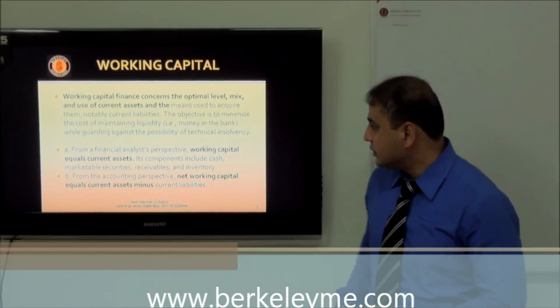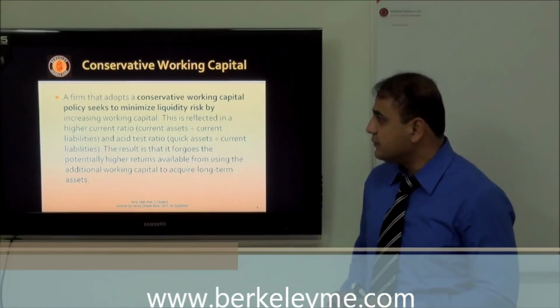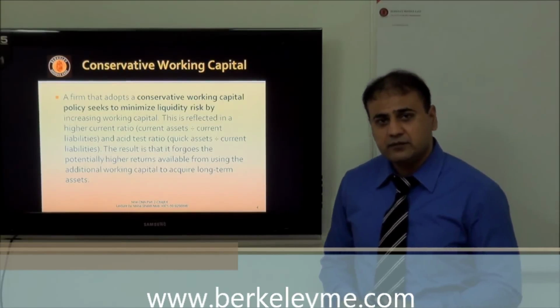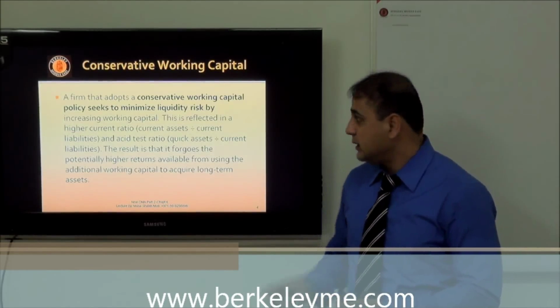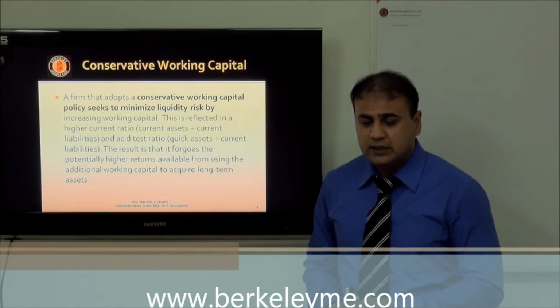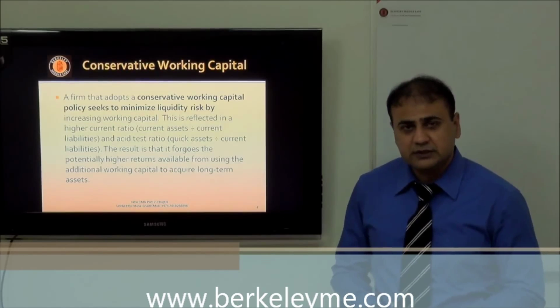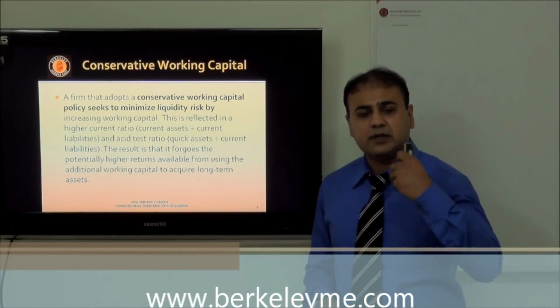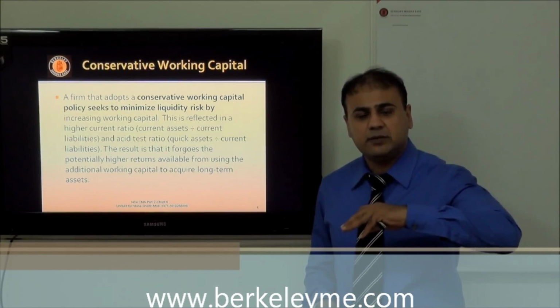A firm that adopts a conservative working capital policy seeks to minimize liquidity risk by increasing working capital. They are risk averse, they don't want risk, and this is reflected in a higher current ratio, meaning their current assets are more than the current liabilities.